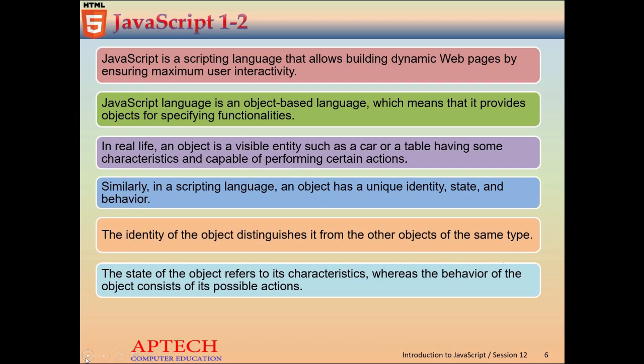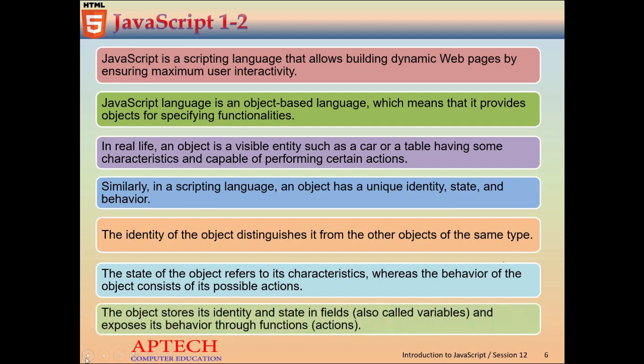Similarly, in the scripting language, an object has a unique identity, state and behavior. The state of the object refers to its characteristics, whereas the behavior refers to its actions. The object stores its identity and state in fields and exposes its behavior through functions, that is actions, functionality, behavior.